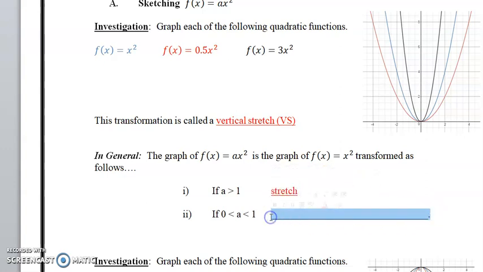If it's between 0 and 1, this is called a compression. So the graph compresses.